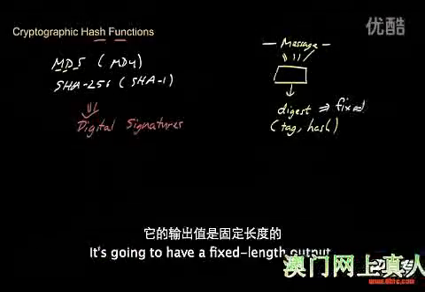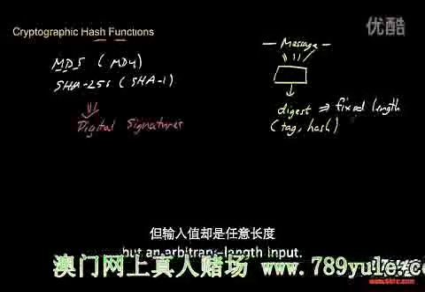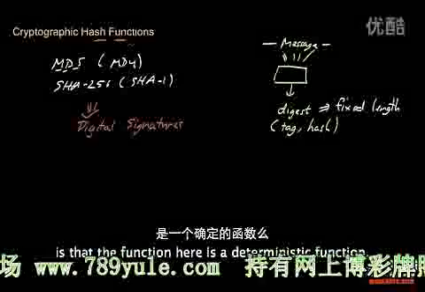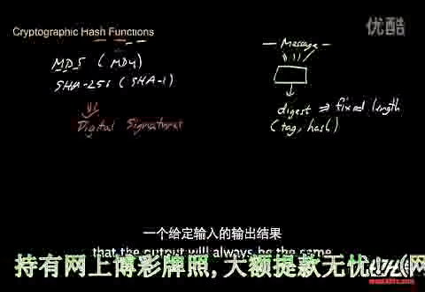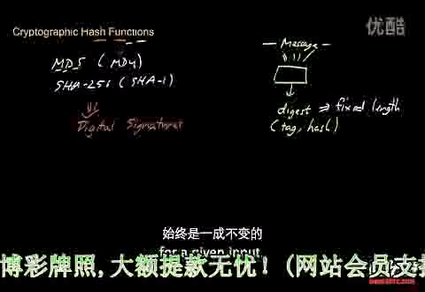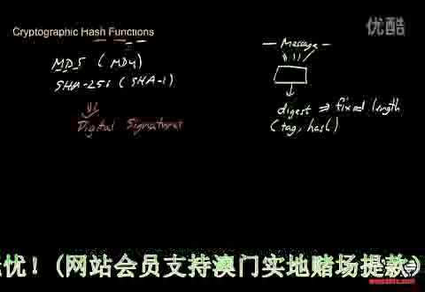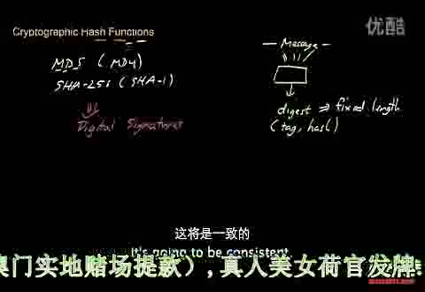Okay, so it's going to have a fixed length output, but an arbitrary length input. And the other thing I want to point out about these cryptographic hash functions is that the function here is a deterministic function, and by that I mean that the output will always be the same for a given input. So if you have a given input, you're going to see the exact same output. You won't have a situation in which a given input will have two different possible outputs. It's going to be consistent.